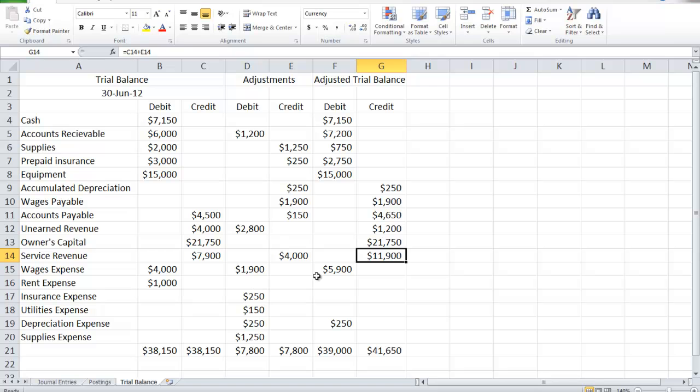Revenue has been taken care of, wages expense, rent expense needs to be added, as well as insurance expense and utilities expense and supplies expense. Okay, so now my adjusted balances are equal across the board. My adjustments are $7,800, debits and credits, and so those are equal. So that completes problem 3-1A.